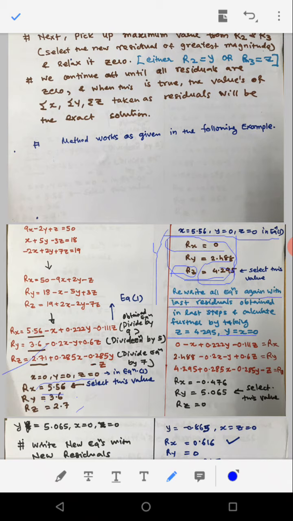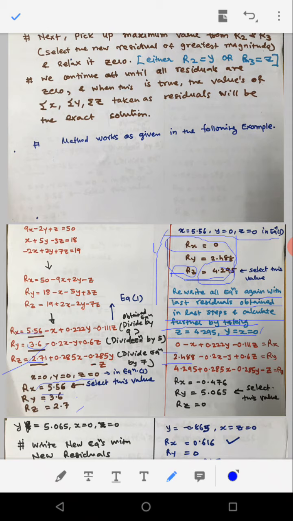This is very important. Obtain in the last step and calculate further by taking these values. So for your information, I have rewritten those equations again with the new residual. So instead of here 5.56, now we have replaced that residual with 0. Instead of 3.6, we have replaced that residual with 2.488.